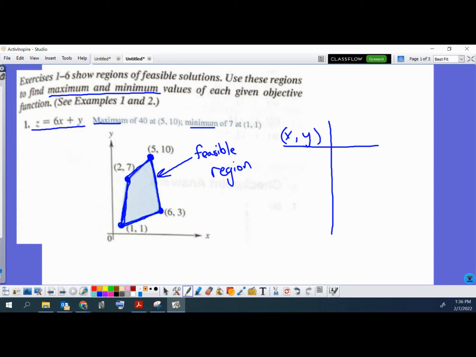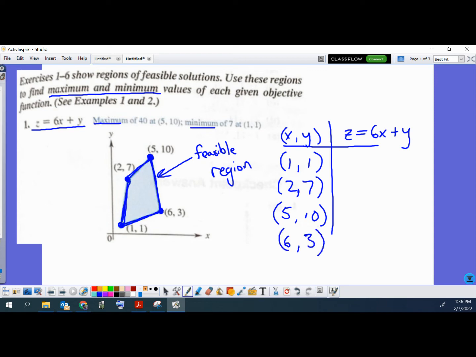Those are our candidates for the max and min of z. Whichever one gives us the biggest answer is going to be the max, and whichever one gives us the smallest answer is going to be the min. So z equals 6x plus y here. And my 4 corner points are (1, 1), (2, 7), (5, 10), and (6, 3).